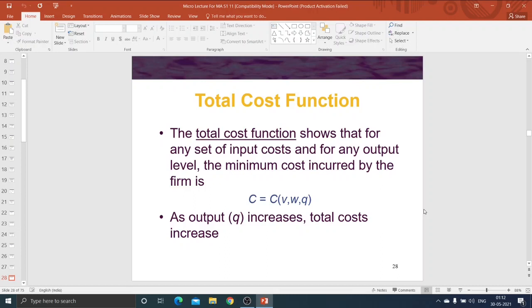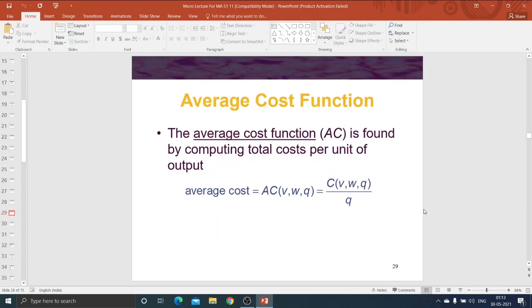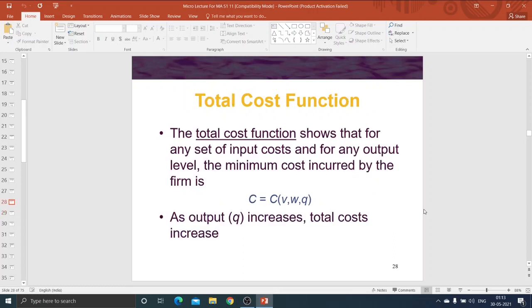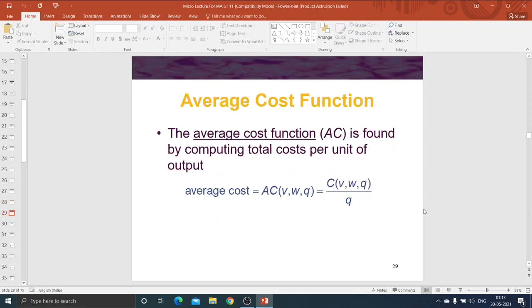It is a function of the quantity, and it also depends on the wage you pay, as well as the interest you discount in the form of capital payment. So total cost is always increasing. When your total output increases, of course your cost also will increase.